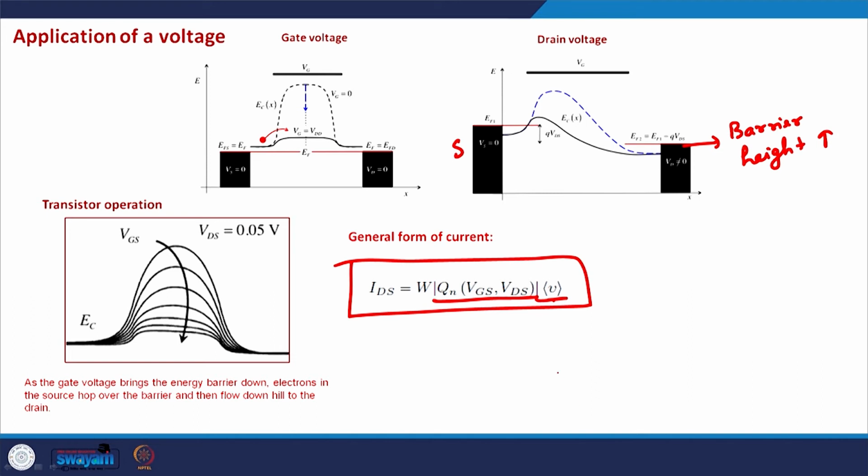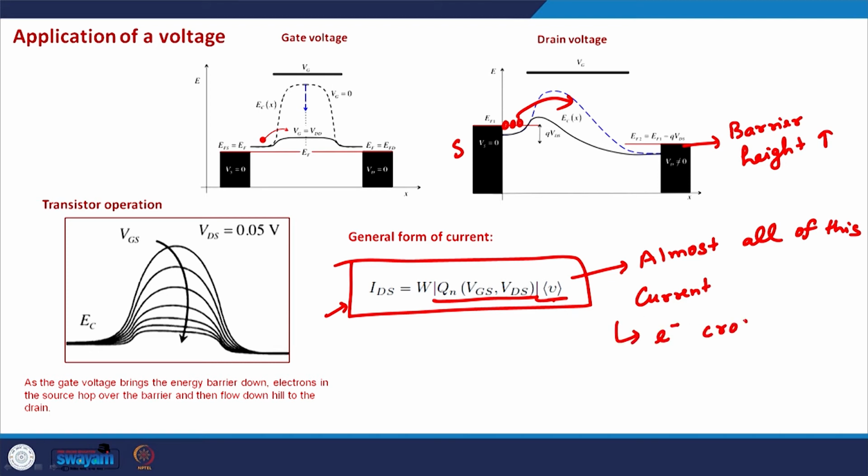So most of this current, almost all of it, is because of the electrons crossing the barrier from the source side.